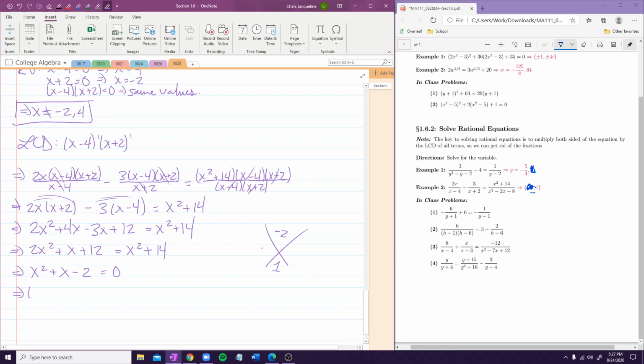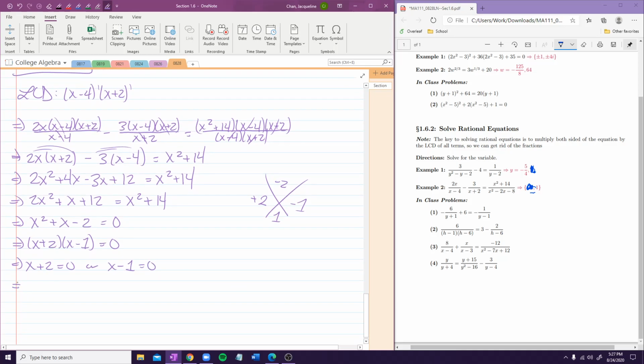You're going to get positive 2 and negative 1. Because the a is 1, we can just put x plus 2, x minus 1. So this is x plus 2 is equal to 0, or x minus 1 is equal to 0. So we get x is equal to negative 2, or x is equal to positive 1.